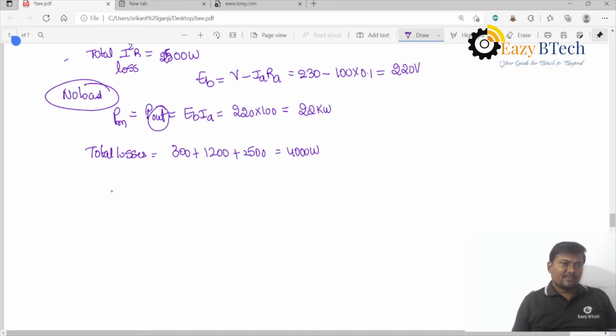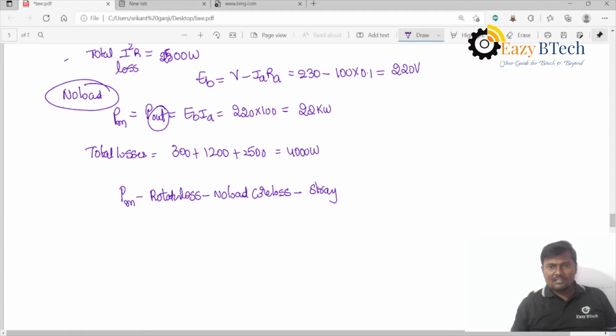From this gross mechanical power, if you subtract the rotational loss, minus no load core loss, minus stray losses, then I will get the shaft power, that is called the useful power.